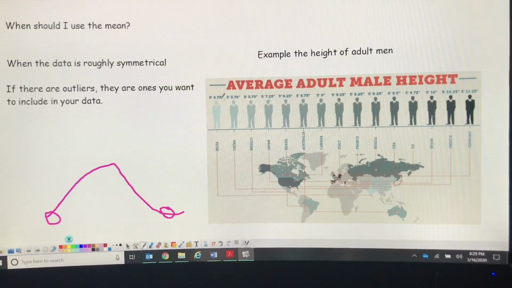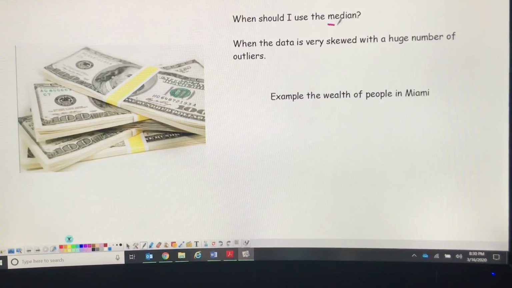If you take a look at the average adult male height, we go anywhere from 5'4" to 5'11". Those outliers are not so extreme. They're within the range. Our median comes into play if data is very skewed. It can be skewed right or it can be skewed left. It doesn't matter.